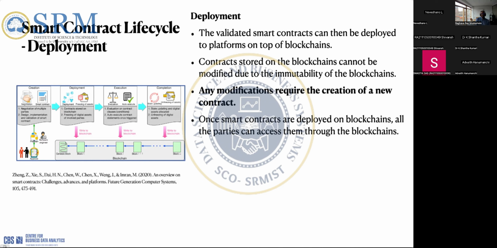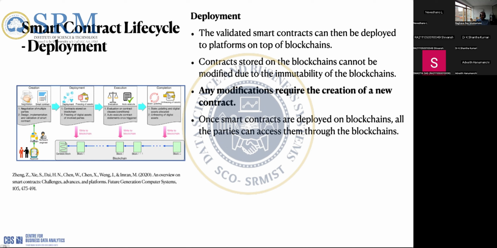The validated smart contract is deployed to the platform on top of the blockchain, in this case Ethereum, and the contracts are stored on the blockchain. Again, remember, since Ethereum is a blockchain, once you deploy the contract on Ethereum, you cannot change it, right?